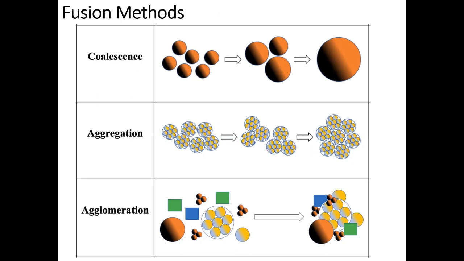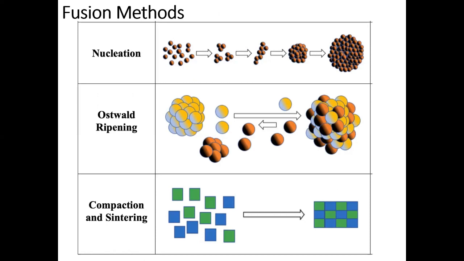Coalescence is the same kind of material coming together, like water droplets. The big particle is more stable. Aggregation is like different crystals aggregating together. This is just a very specific definition. Agglomeration can be just anything coming together. Nucleation, from atoms and molecules, you become more stable as you nucleate and become bigger and bigger.